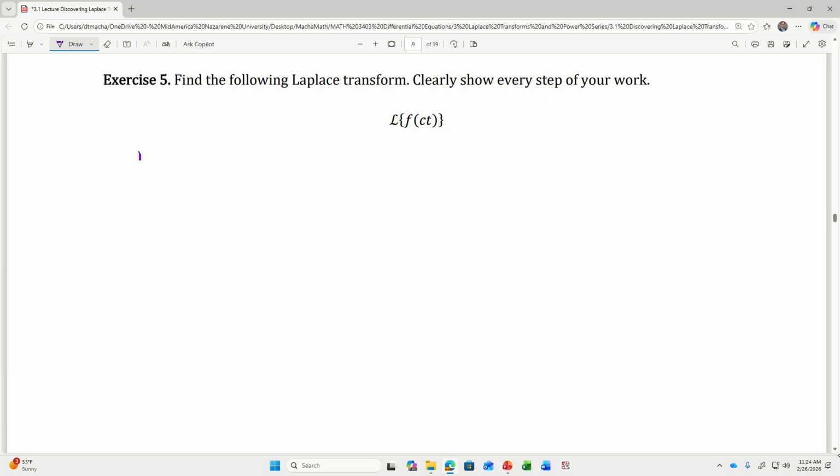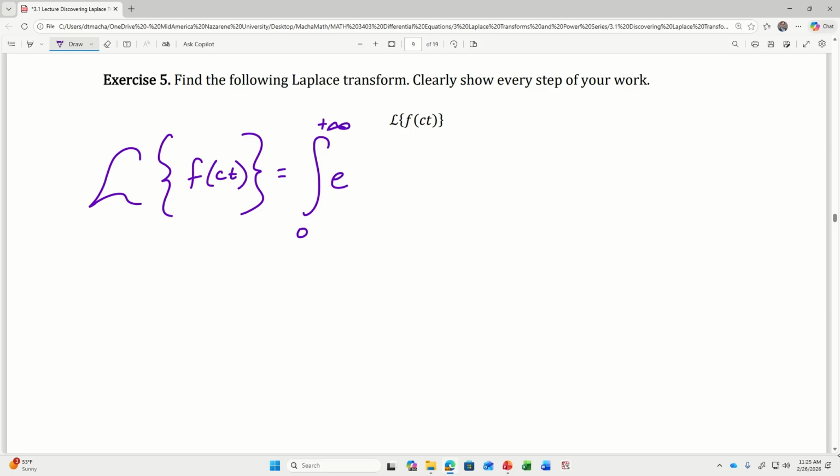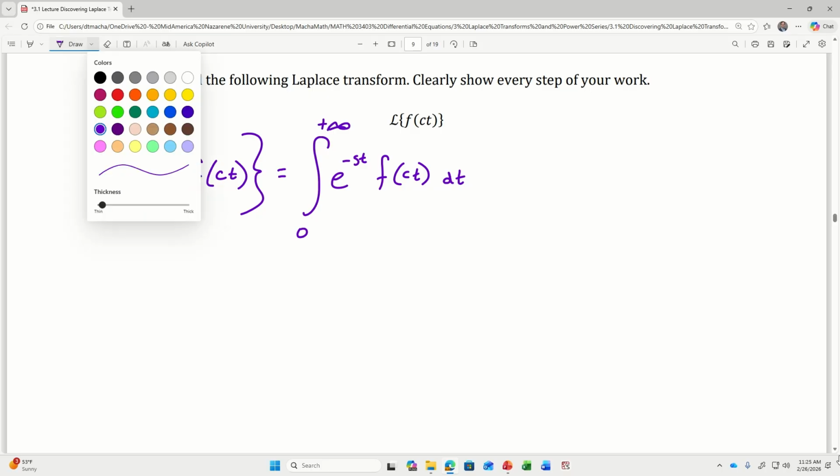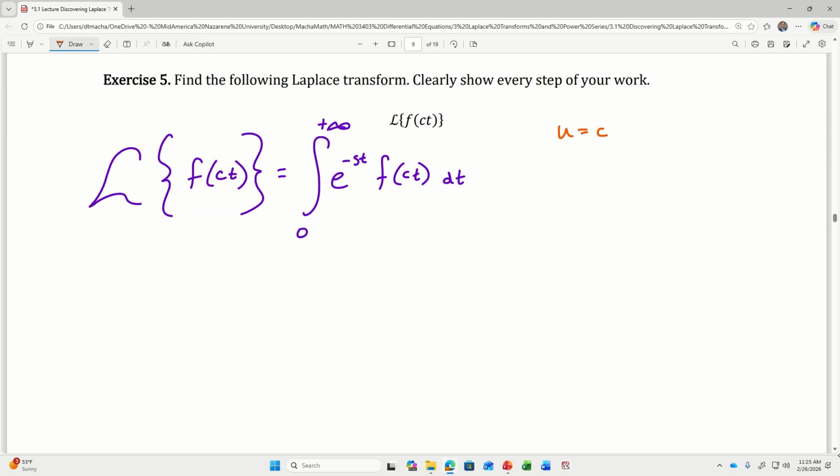What if I have a Laplace transform of f of a constant c times t? So c is just a real number constant. Then this is the integral from 0 to infinity of e to the power negative st times f of ct dt. And this time we're going to have to use a u substitution. We're going to say u is equal to ct.